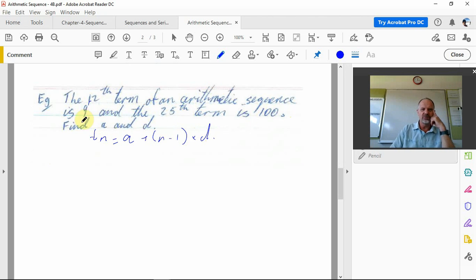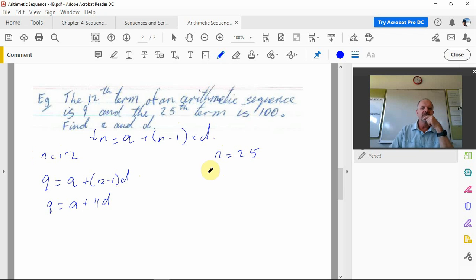12th term, term 12 of the arithmetic sequence is 9. So when n equals 12, 9 is equal to A plus 12 minus 1 times D. So 9 equals A plus 11D. 25th term, n equals 25, is 100.